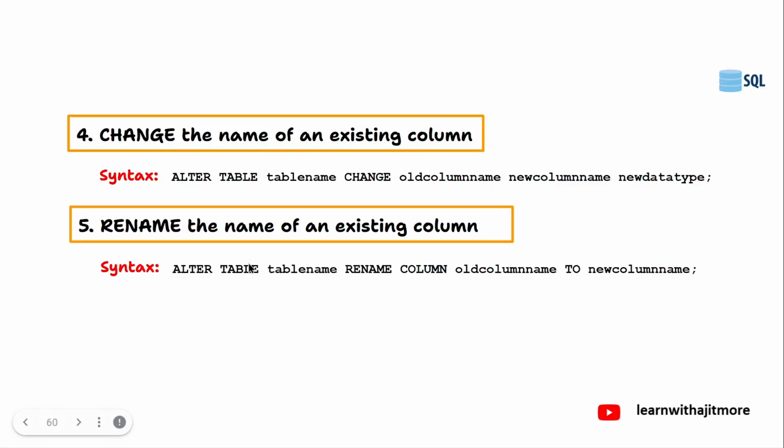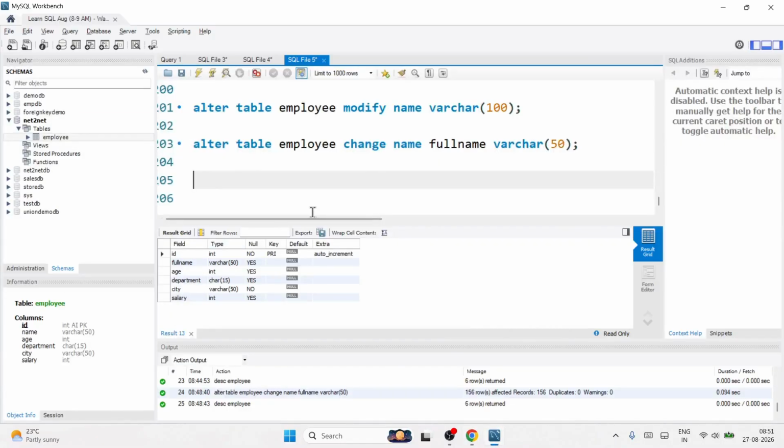See, alter table name, rename. I told you, please specify what you want to rename, whether you want to rename a table or a column. Therefore, here I'm mentioning it: old name, to is a keyword, and the new name. Now I'll rename this full name back to name. Originally it was name only. Now I renamed it to full name. Now again I'm renaming full name back to name, but using the rename keyword.